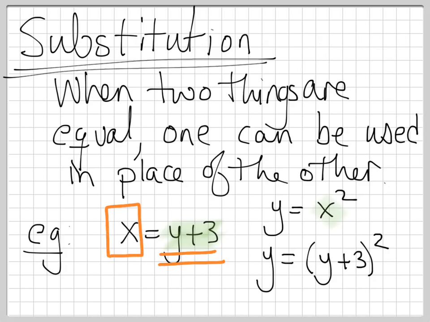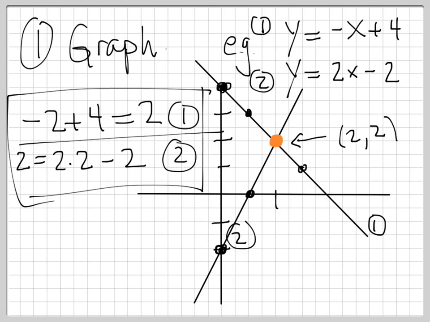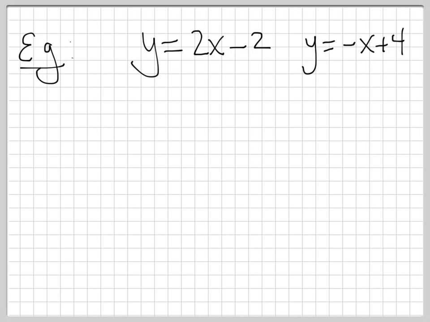We have things that look like y equals 2x minus 2, and y equals negative x plus 4. Remember, this is our example from back here. But we're going to use substitution to solve it. Let's go ahead and use this to replace that y.